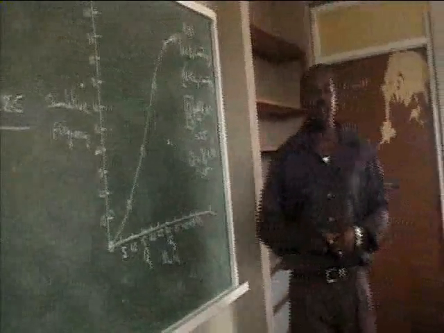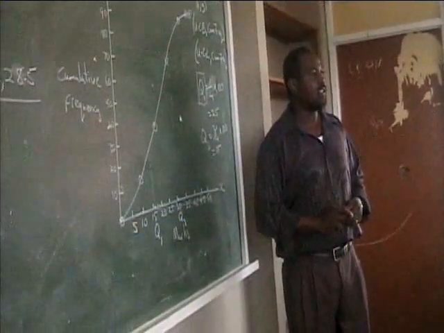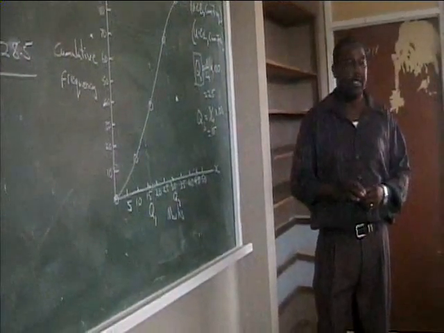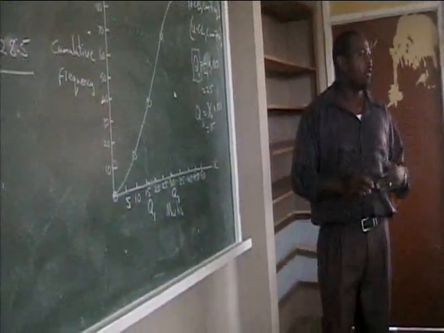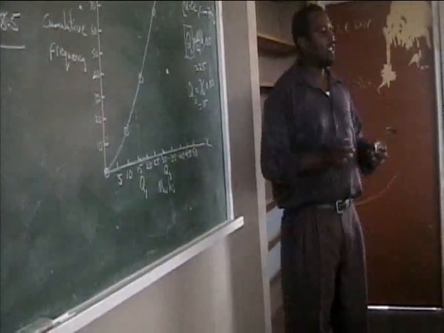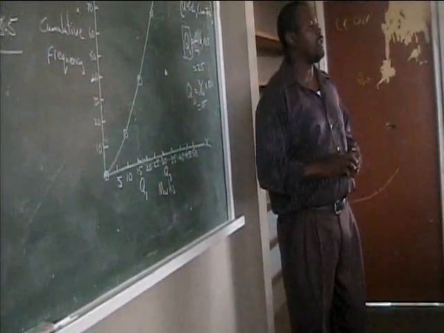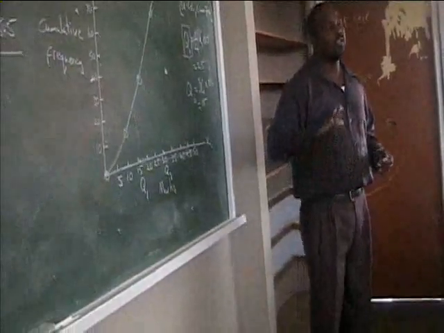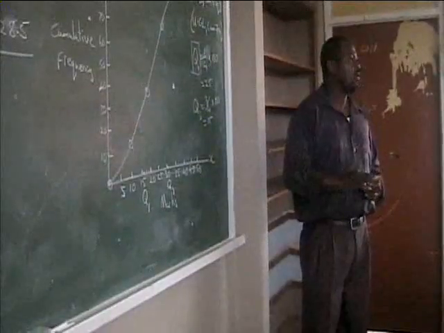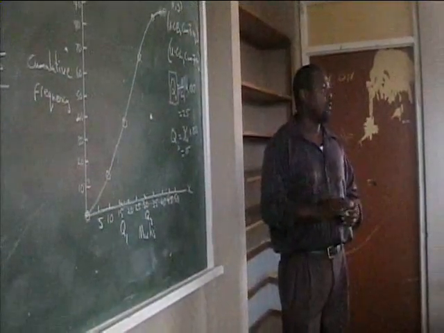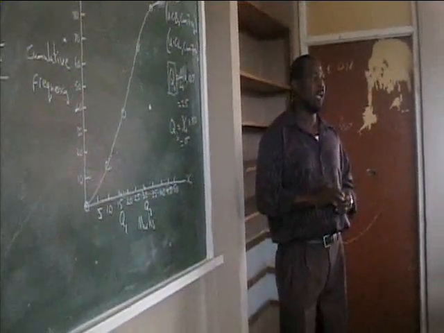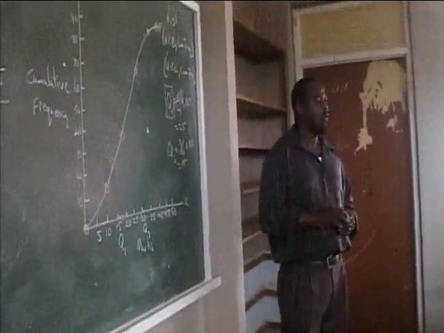So I'm going to give you an exercise so that you can draw the cumulative frequency curve yourself and derive the values of Q1 and Q3. Later on, or the next day of class, we're going to look at a value between Q1 and Q3, which is called Q2. We see some resemblance between Q2 and the median. As a matter of fact, Q2 is the median.